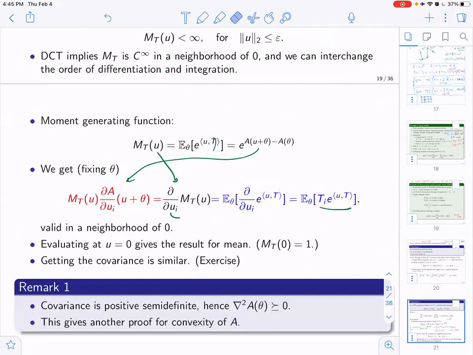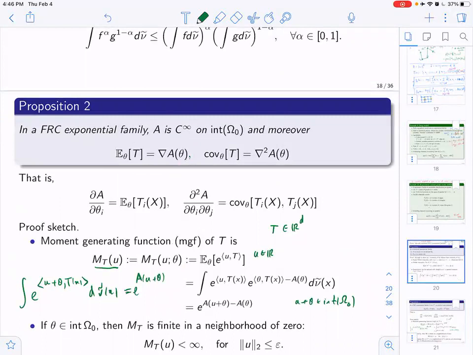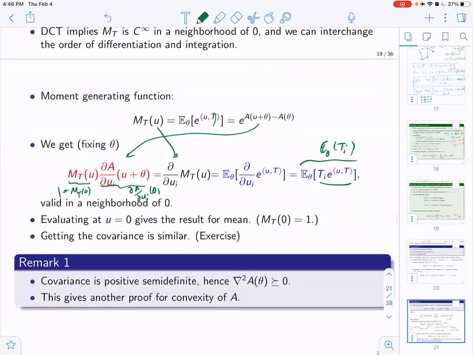Then you evaluate this at 0. If you evaluate at 0, this side becomes the expectation of T_i, and this side becomes M_T(0), which is 1, and this just becomes the partial derivative of A with respect to theta_i. So you've shown that the partial derivative of A with respect to theta_i is the expectation of T_i, and this proves this result, and the next one is also proved similarly.